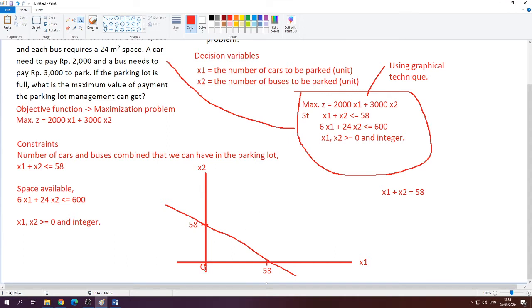Here 0, 0 means x1 equals 0 and x2 equals 0. So 0 plus 0 is 0. Is 0 less than or equal to 58? And the answer is yes. So that means this is the area for the first constraint. The area is going in the direction of 0, 0.